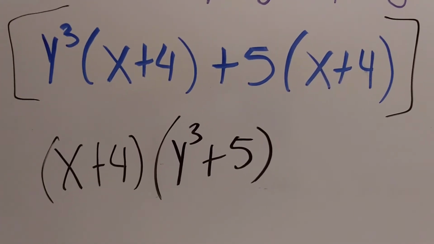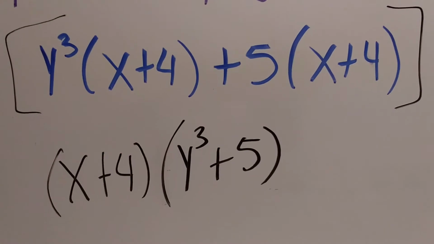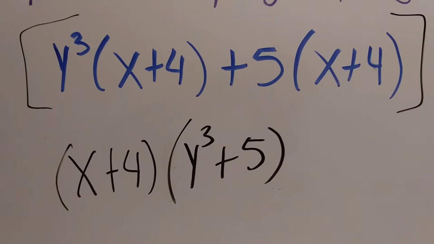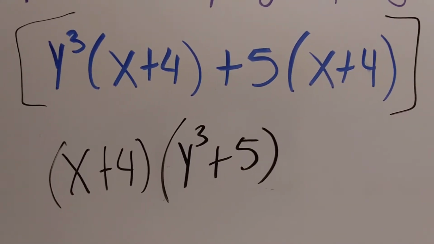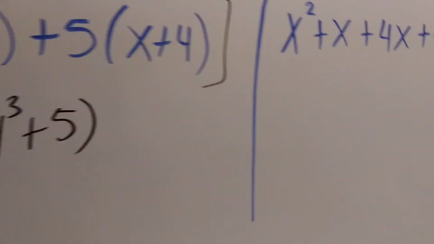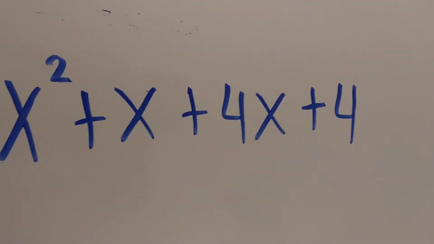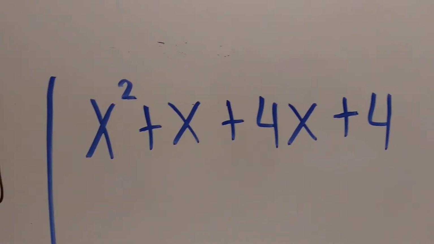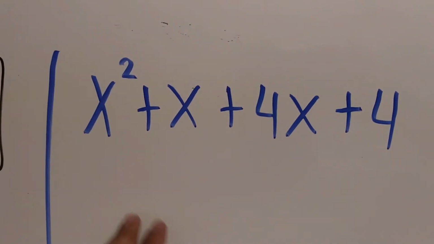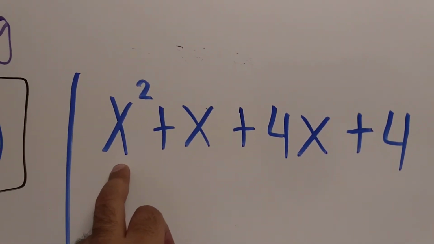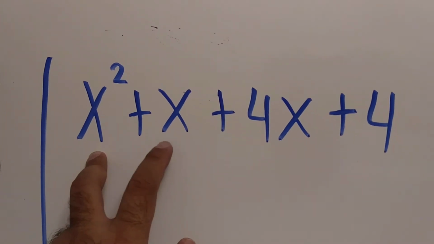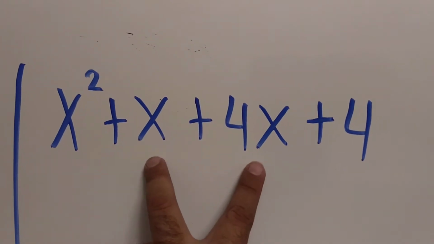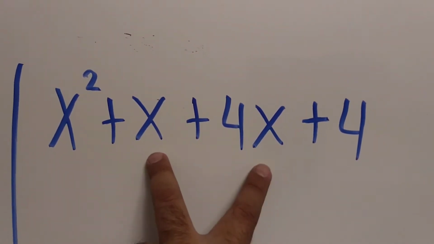This is going to be coming in very handy when we come to simplifying equations, and also when we look at quadratic equations as well, which will be covered in the next couple sections. Okay, so now the one thing that you guys got to keep in mind when you're factoring by grouping is that you want to group terms that have something in common. So for example here, we can group together the x squared plus x as a single component, or we can group together these two terms, but they do have the x in common.